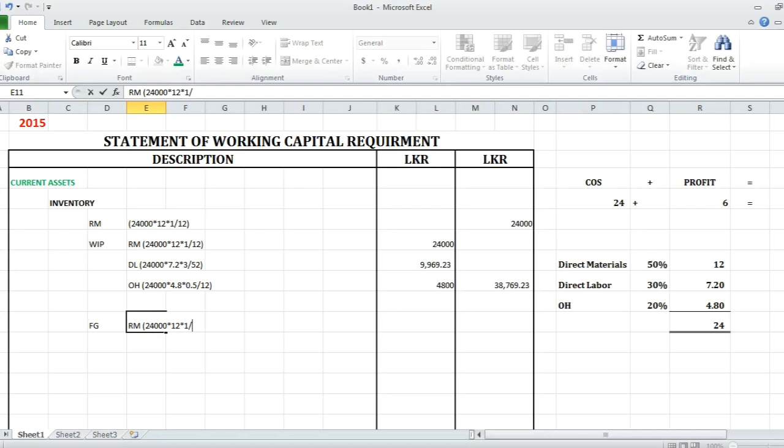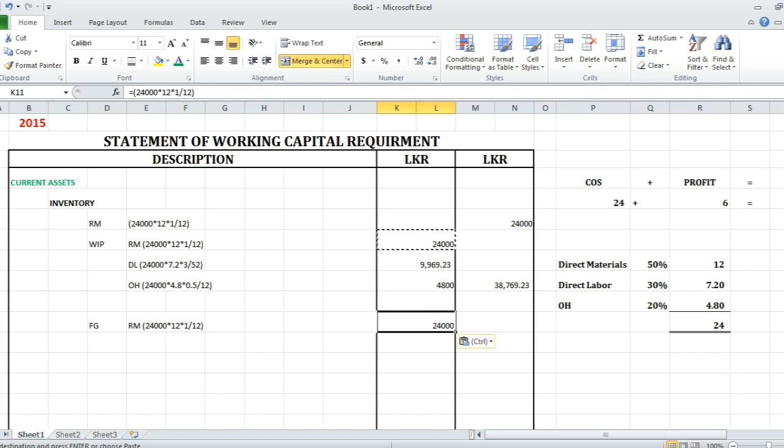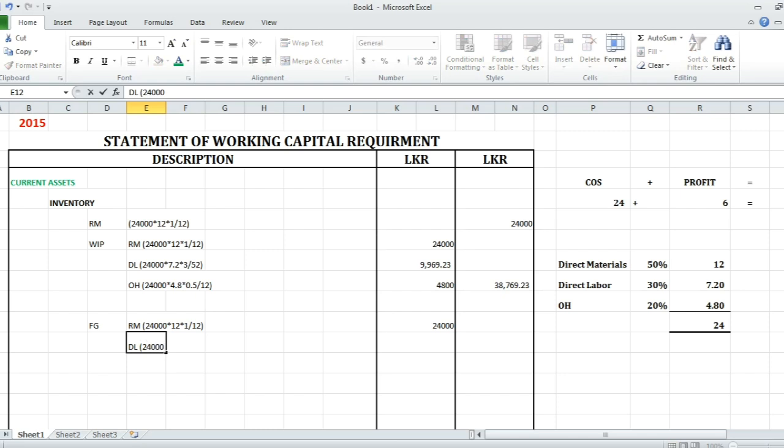So 1 month divided by 12, equals 24,000. Direct labor: 24,000 production units into 7.2 rupees direct labor per unit into 1 month.